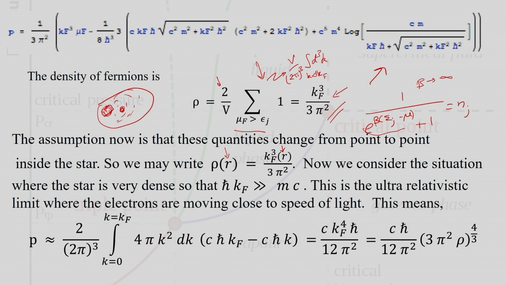Chandrasekhar suggested that it is possible to coarse grain the region inside the star. You divide it up into small pieces, each very small compared to the size of the star, but still having an enormous number of electrons. So, you can assume that the density of electrons is a slowly varying function of the distance from the center.